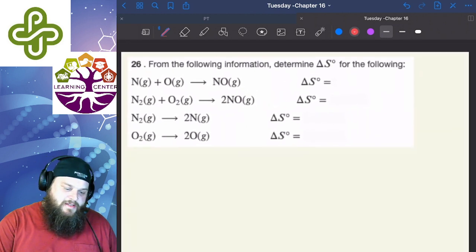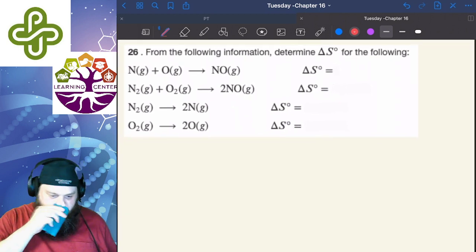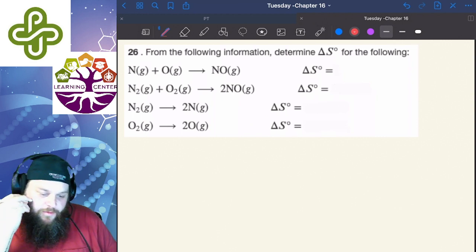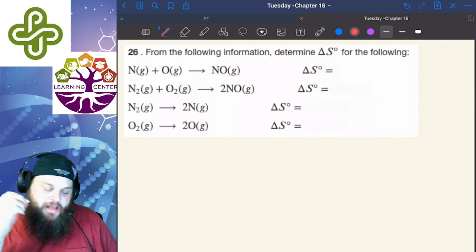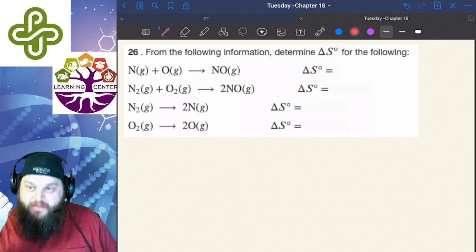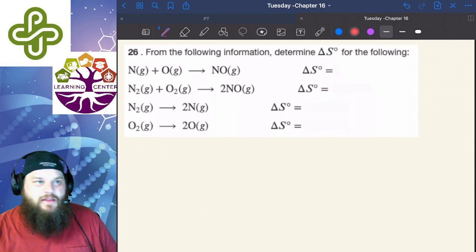Number 26 is my next one. From the following information, I want to determine the delta S. This is the standard entropy change for the following. Here they give us the basic equations, and they want us to find what that delta S is.